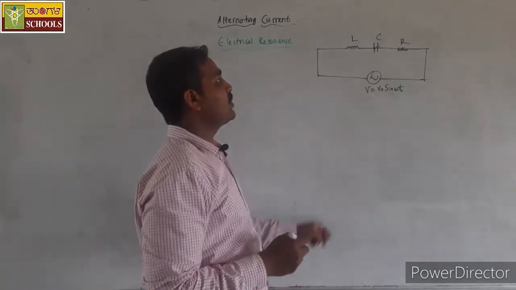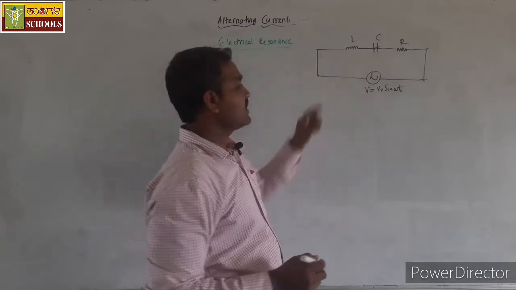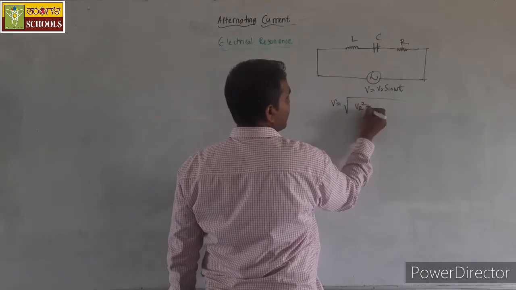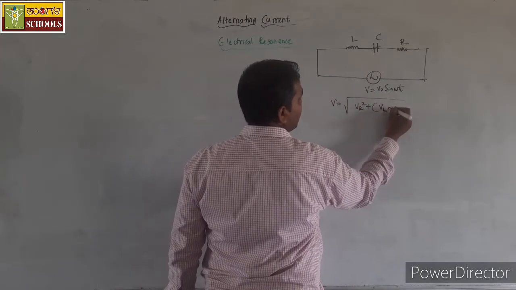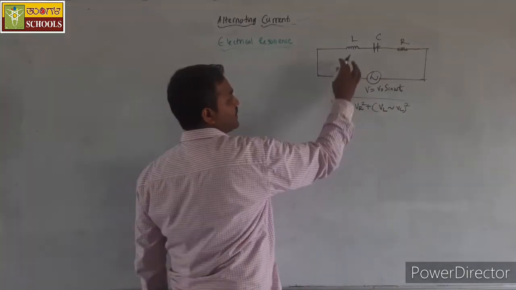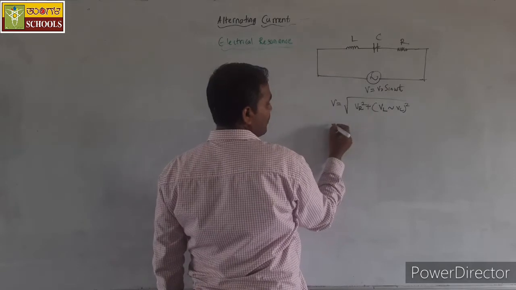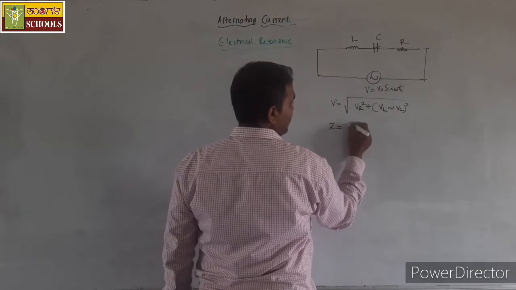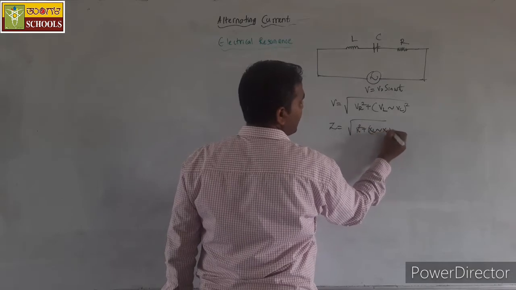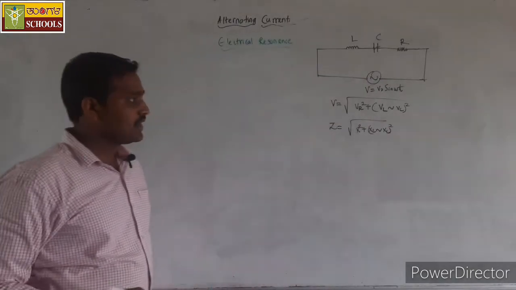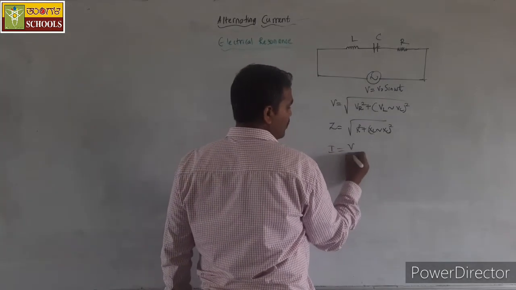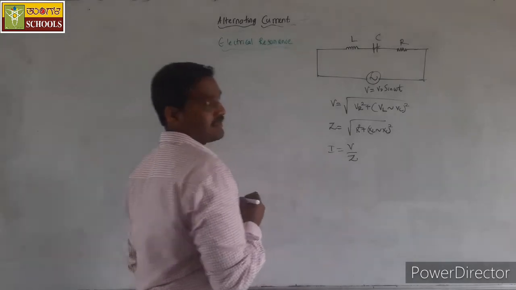And we know the resultant voltage is given by V is equal to square root of VR square plus VL minus VC whole square, or the impedance, the effective resistance of this series combination, Z is given by root of R square plus XL minus XC whole square, and the current through the circuit is given by I is equal to V divided by Z.